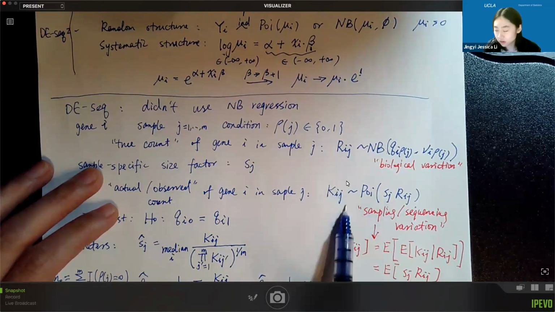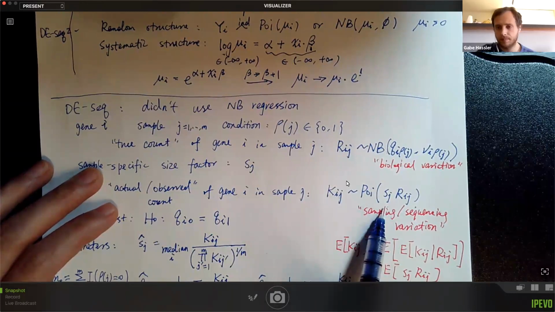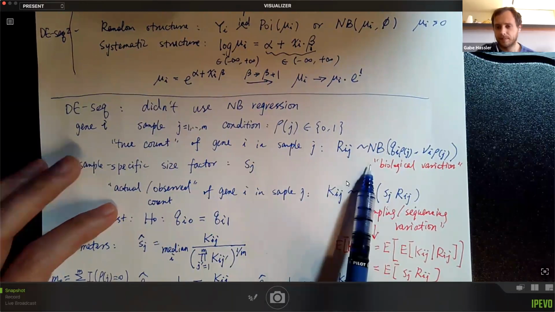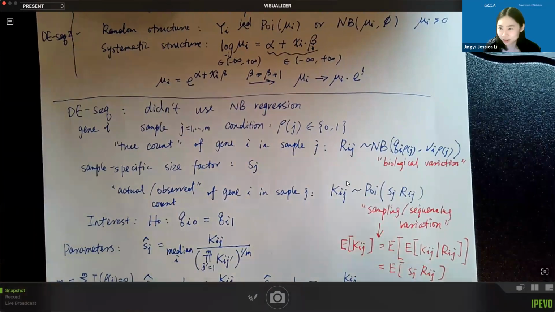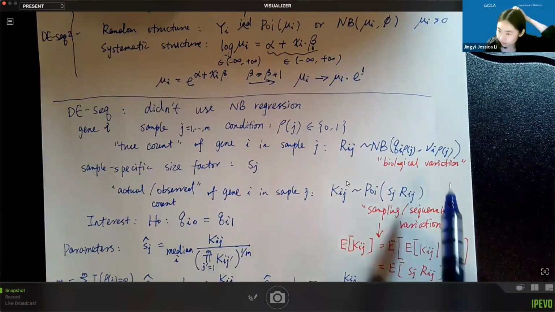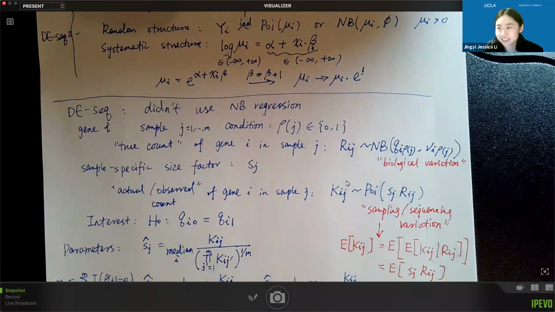So then the only measurement randomness is from sequencing, which is supposed to be captured by Poisson. And then the negative binomial is something, as you said, you cannot verify because it's the biological variation. So for that part, usually you just have to assume it. Cool, thank you.